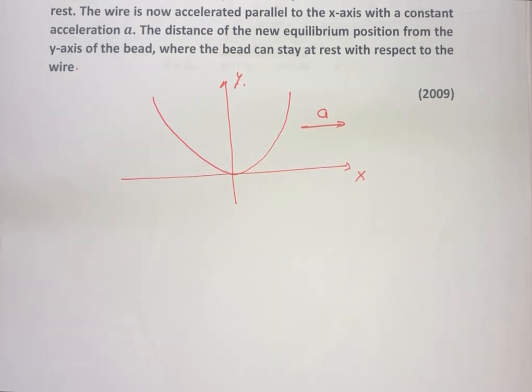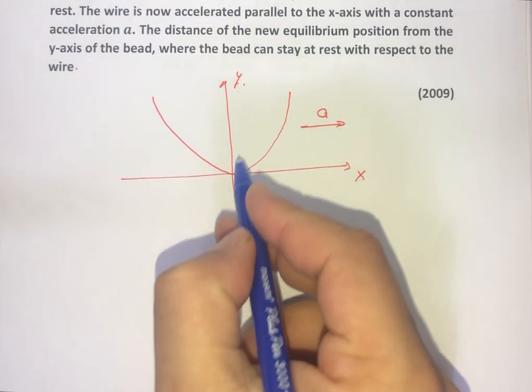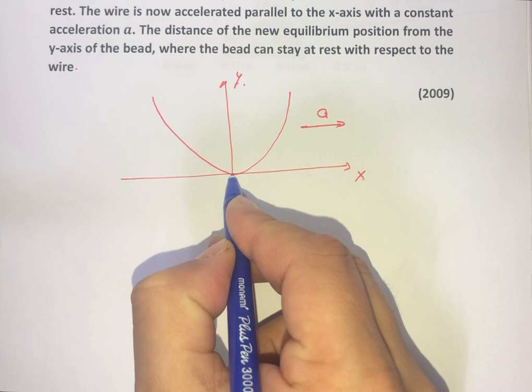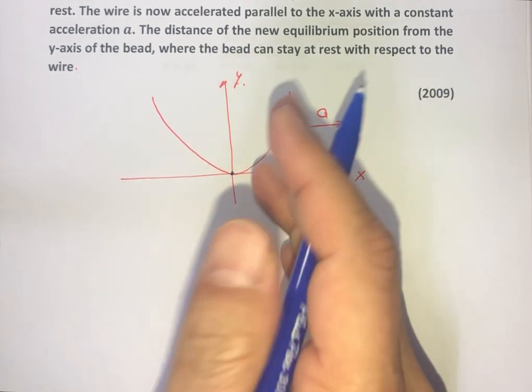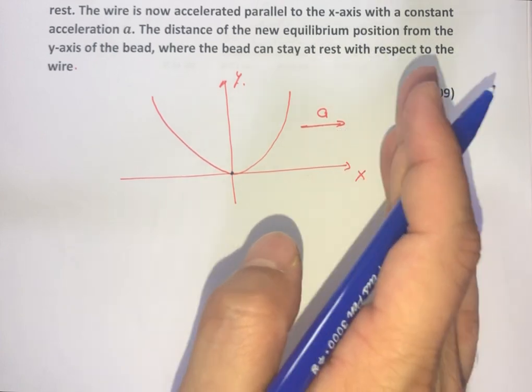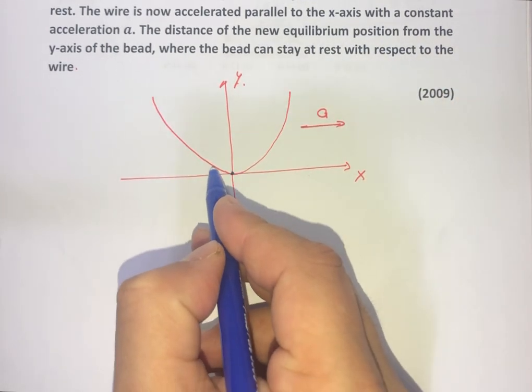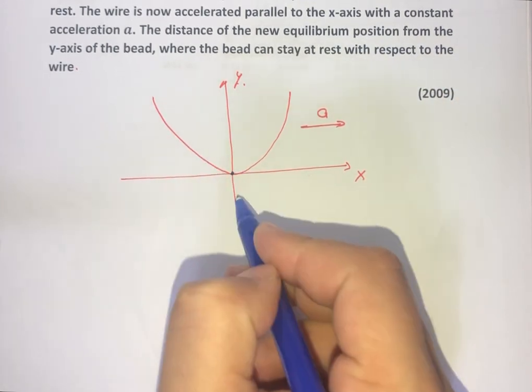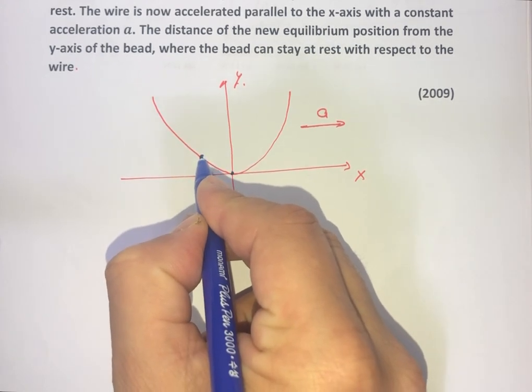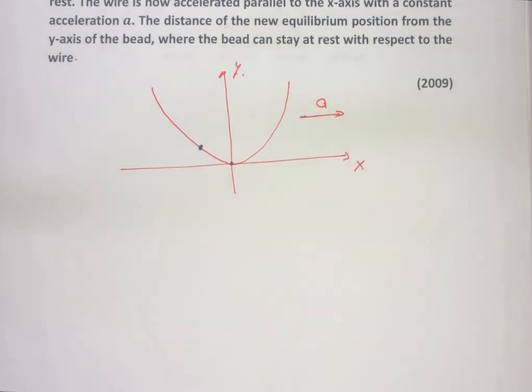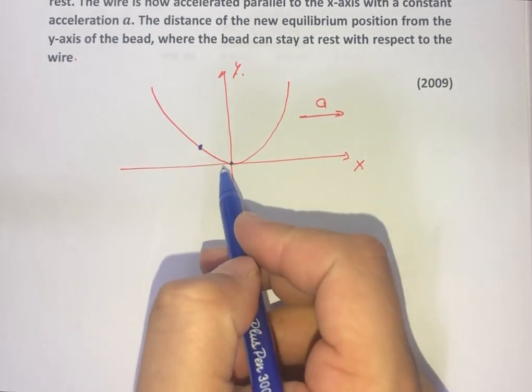Initially the bead is at the lowest point, here, but as the parabola starts to move towards the right side, the bead will change its position towards the negative of the x-axis, and let us suppose this is its new position where it is in equilibrium.